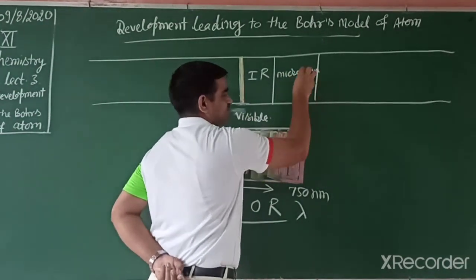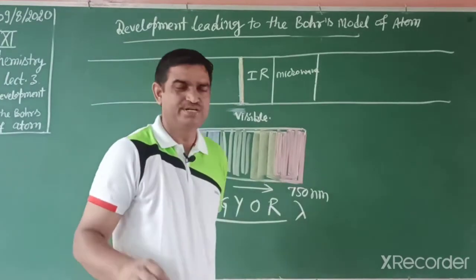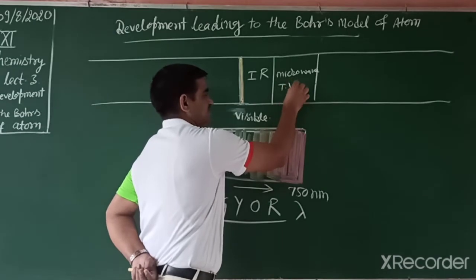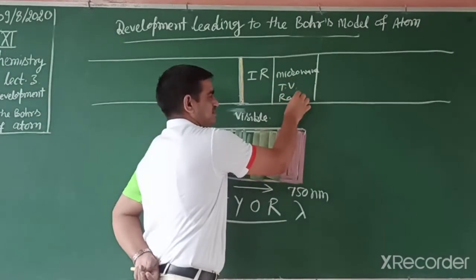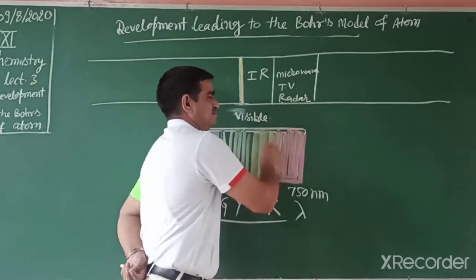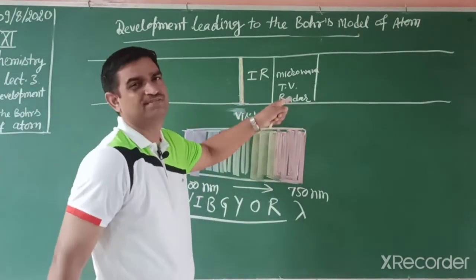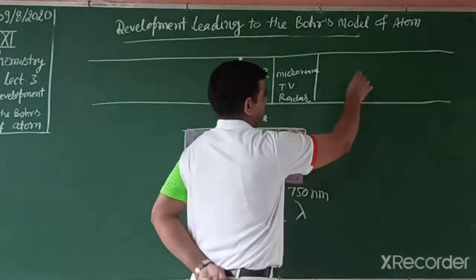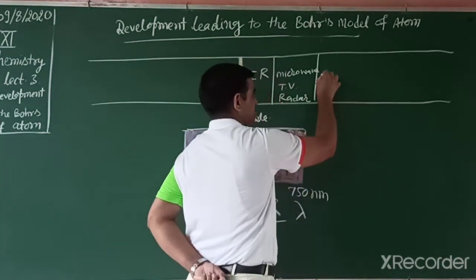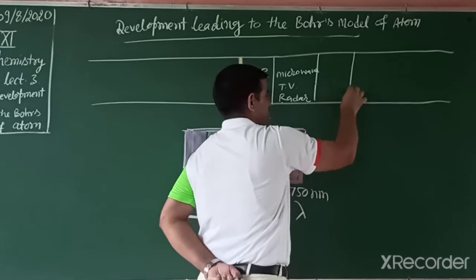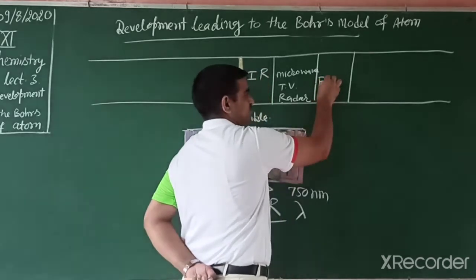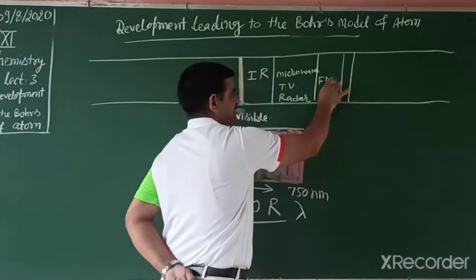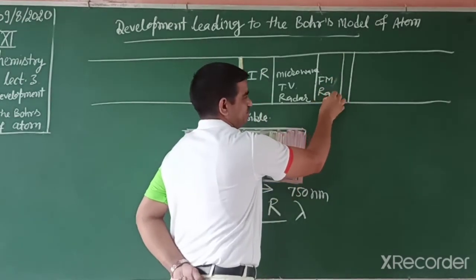Microwave means our TV, radar. Our military uses this area. And the other one is FM, short wave radio. These are radio waves.